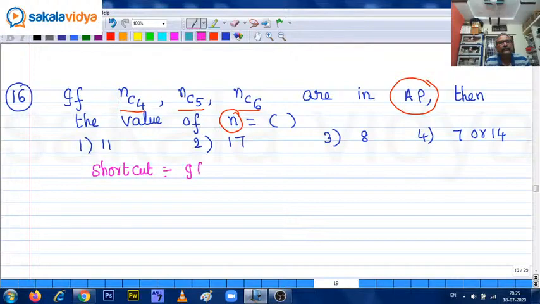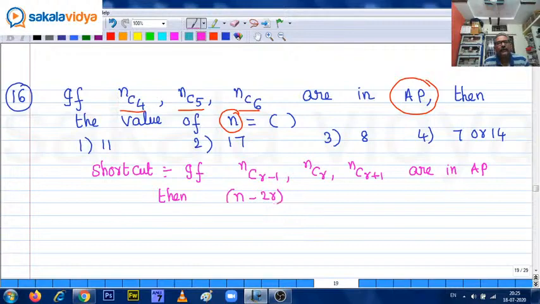If n C r minus 1, n C r, n C r plus 1 are in arithmetic progression, then n minus 2r whole square equals n plus 2. This condition we need to apply.